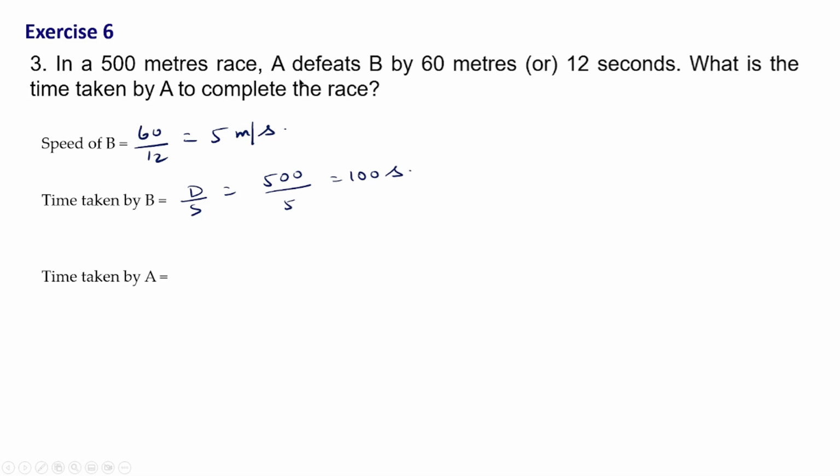Here it is given A defeats B by 12 seconds. As a result, time taken by A will be 100 minus 12, which is 88 seconds. So this is the time taken by A to complete the race.